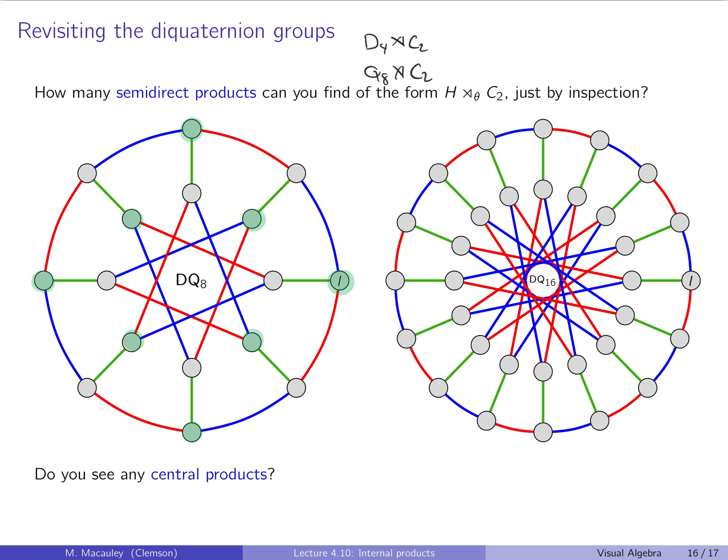And then I claim that there's one more. When I say that there's one more, there are other copies of C4 and Q8 in here, but there's a different group altogether. Do you see it? It's these 4 nodes and these 4 nodes. This time I will circle these to distinguish them.